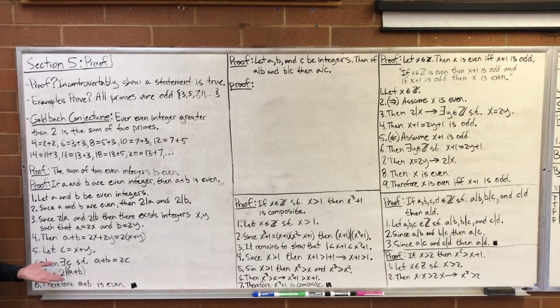Add the A and the B together and see what comes out. Ultimately that's what you're trying to do, show A plus B is even. So line 4, let's look at what A plus B is. Then A plus B is 2x plus 2y. Oh, that's 2 times something. Call that something c, and then you have this. And we're done.